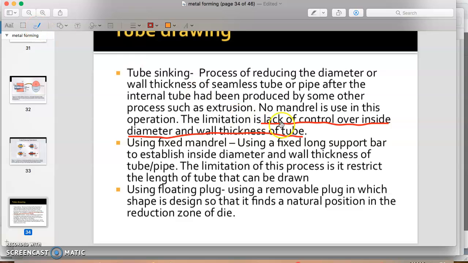If you use no mandrel, you cannot control the quality of the inside section.